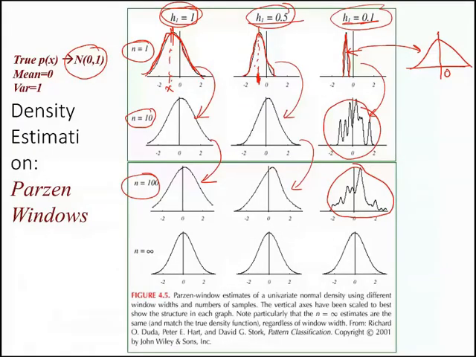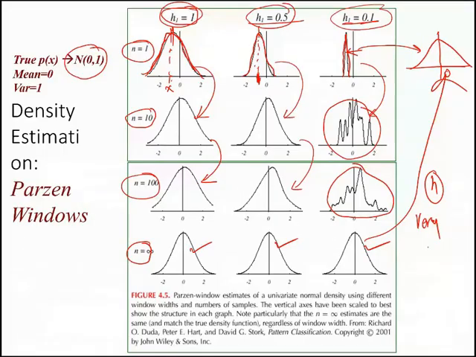Now theoretically, if I go with infinite samples of the normal distribution, and if I take any window width, in that case I get the perfect estimation, which is the original one. Okay, so what this discussion tells us is that choosing h is very important.